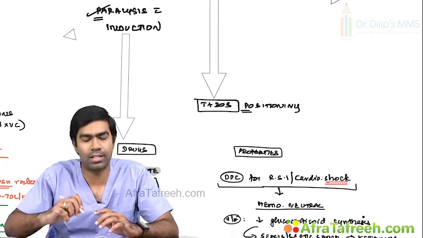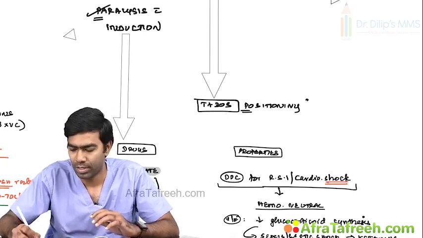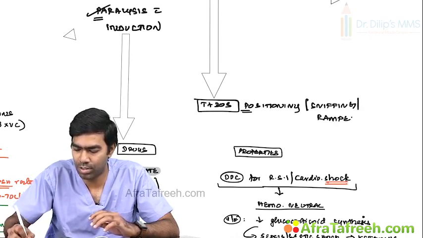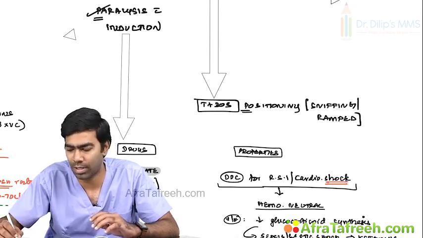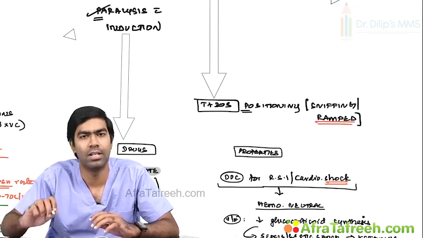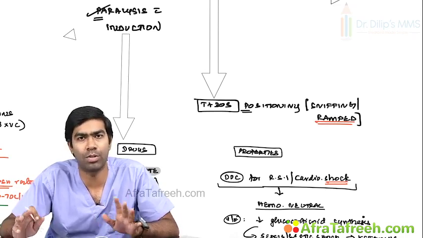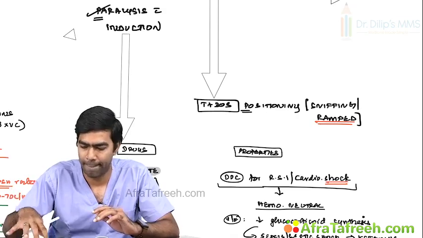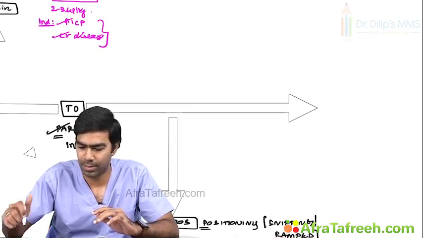We know for intubation, we have to keep the patient in either sniffing position or a ramped up position if the patient is severely obese. Remember, we follow the ramped up position only if the patient has severe obesity. We have discussed in detail the positioning aspects in the previous video itself, so I'm not going to say much. So now we have positioned the patient.